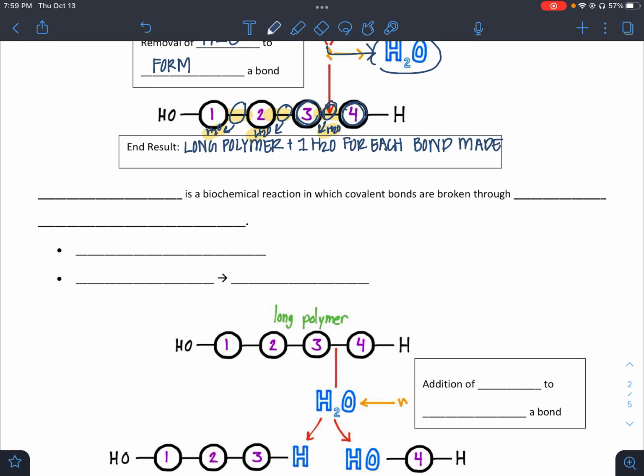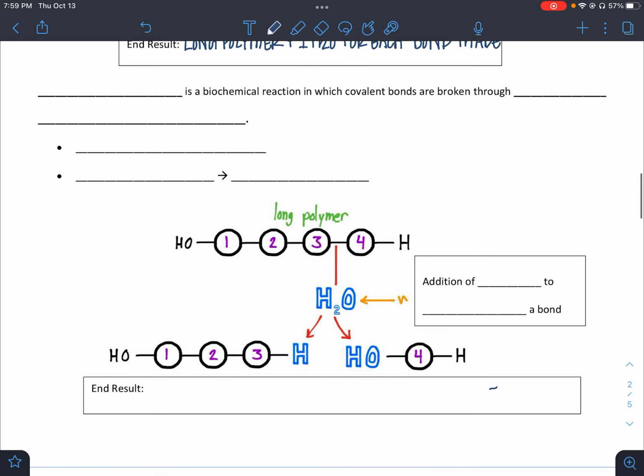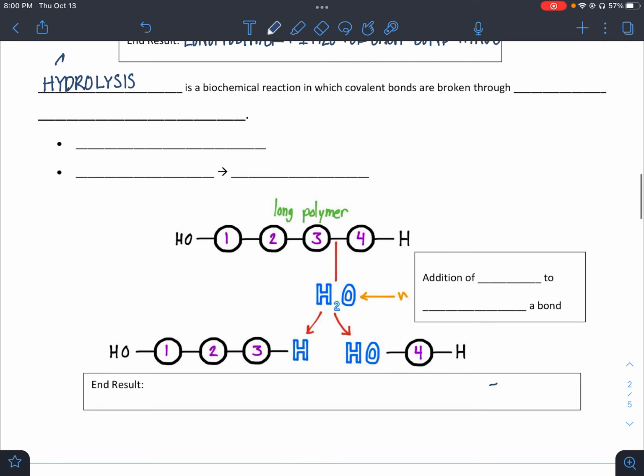Well, how do we break them down? We're going to break them down through our second biochemical reaction, and that second reaction is hydrolysis. Okay, hydro means water, and lysis is a root word that we see in biology that means to break. So if you break these words down into their root words, water and breaking.